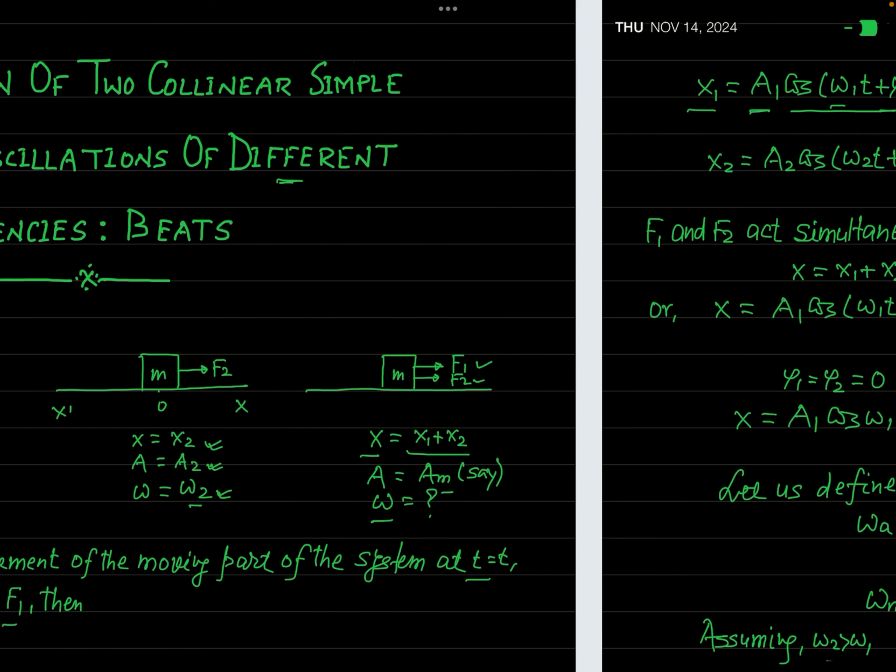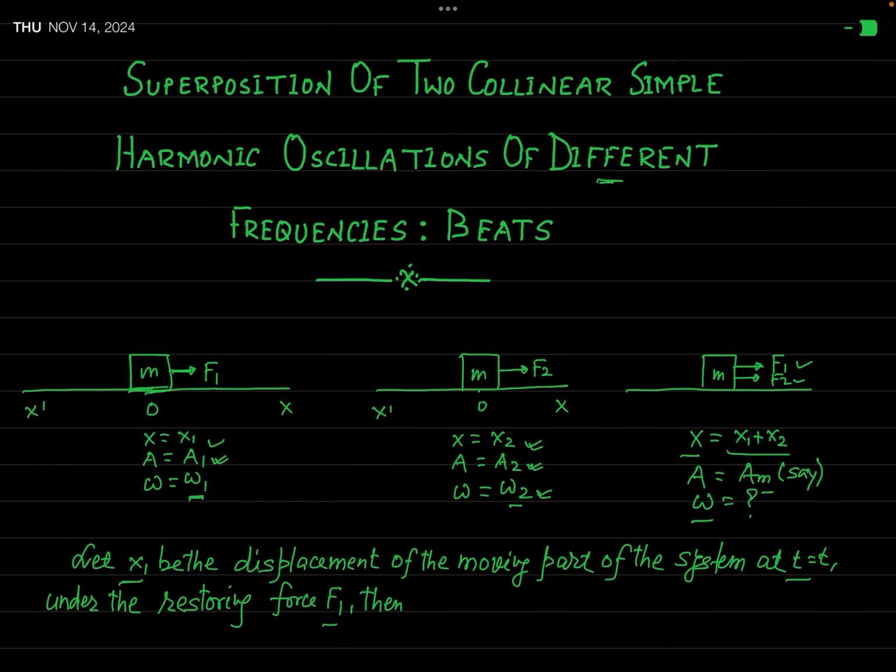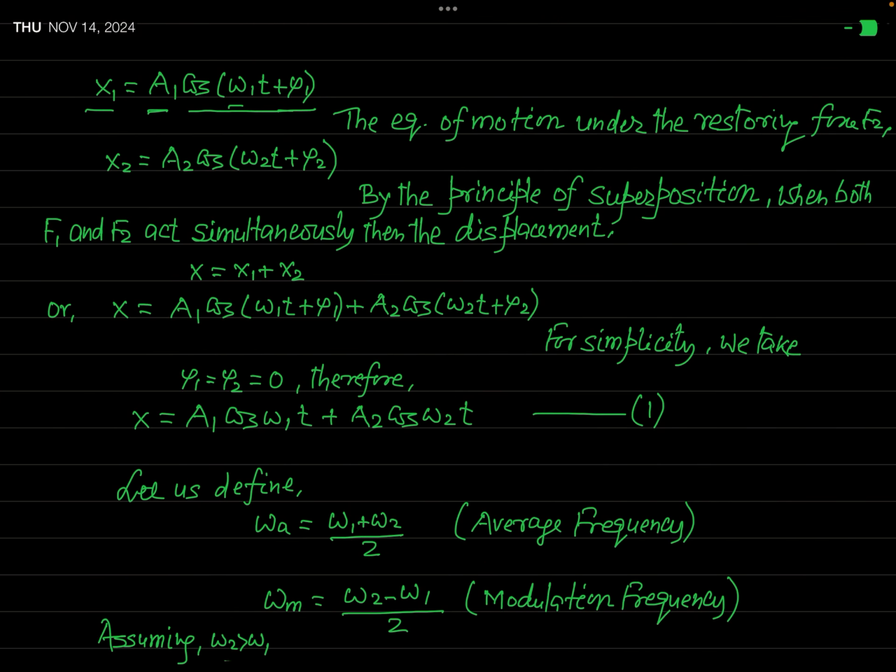Now, when you apply the restoring force F2 on the same oscillator, removing F1, then the displacement of the oscillator at any moment t, we assume, is equal to x2. And that x2, in a similar way, you can write as a2 times cosine of omega 2 t plus phi 2.